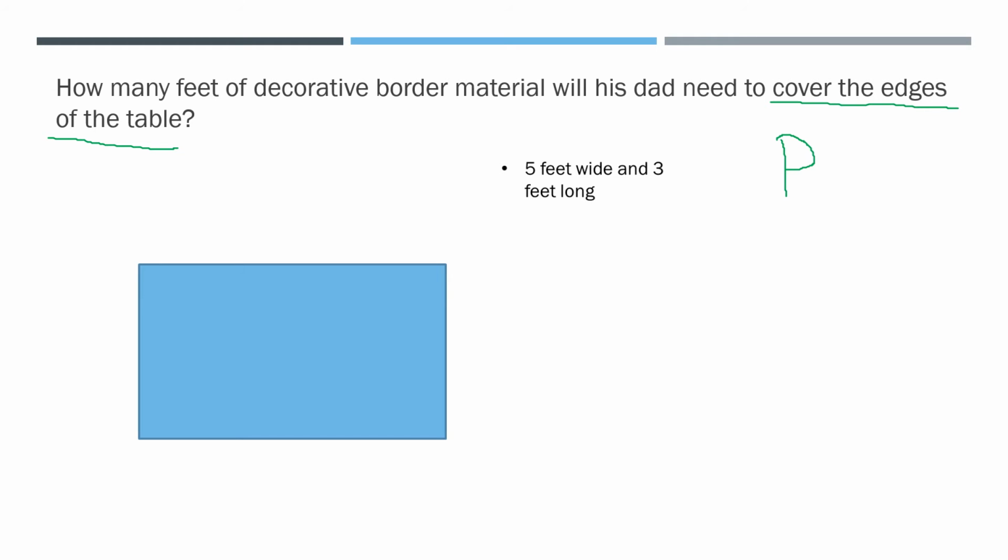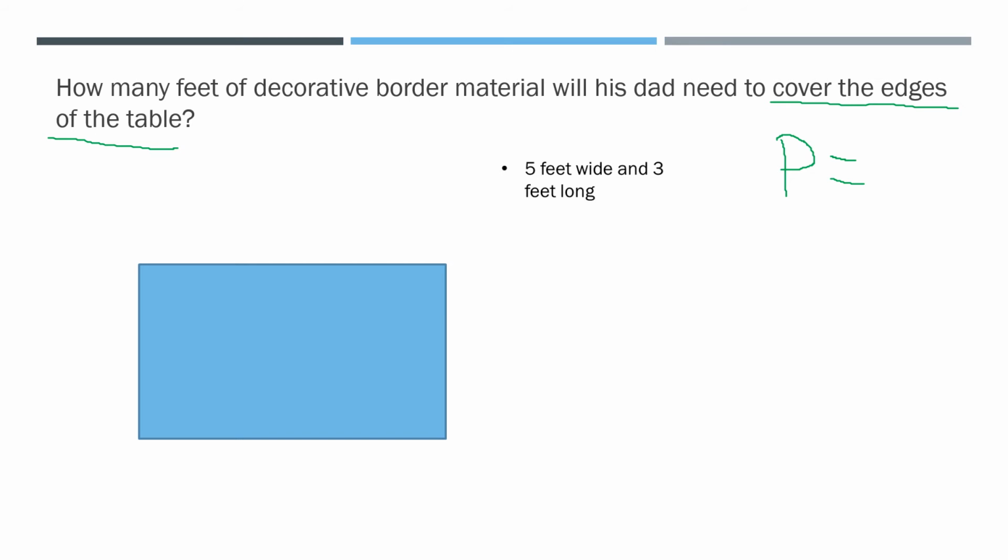I know that we're working with perimeter based on the definition of perimeter that we talked about before, which is the total distance around the whole shape. We need to find the total distance of the whole shape so we know how many feet his dad's going to need to cover the edges of the table.